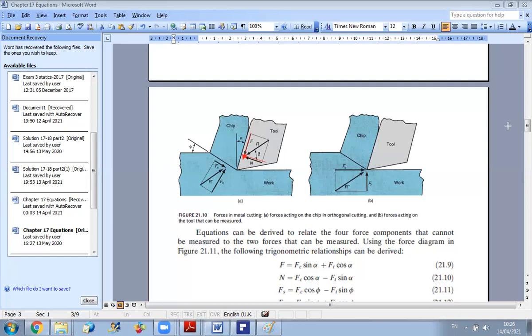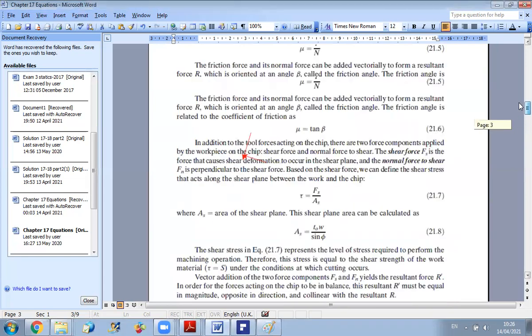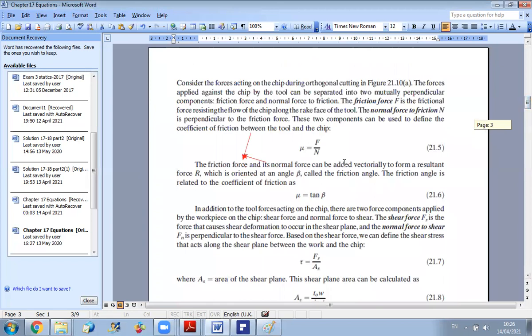So in order to calculate beta, all you need to know is the friction coefficient mu. Okay, so mu is defined as the ratio of F over N, and F over N, as we can see in the figure, represents the angle between the resultant force and our normal force. So tangent of beta is given by the friction coefficient mu.